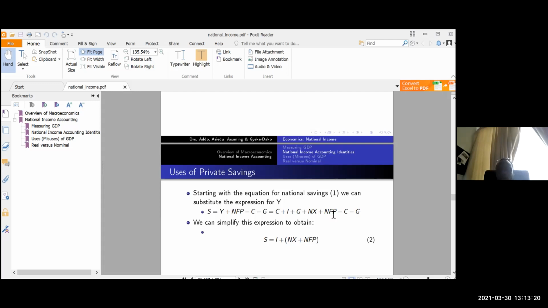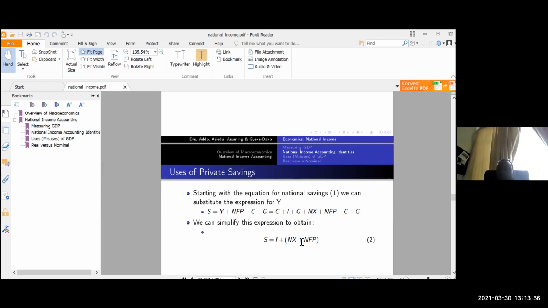Some of these things will cancel out: plus C and minus C cancel, plus G and minus G also cancel. So your total savings in the economy can be re-expressed in terms of investment: savings equals I plus NX plus NFP.